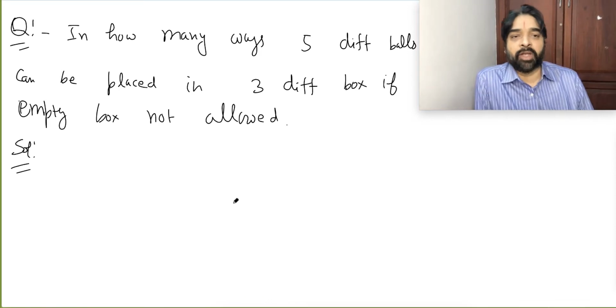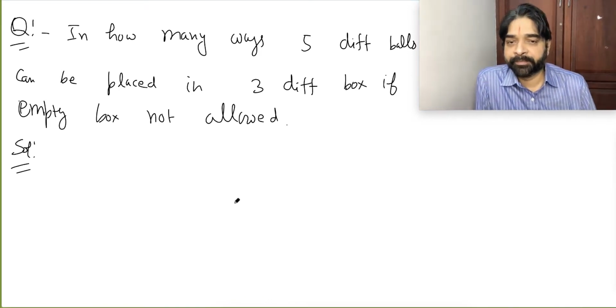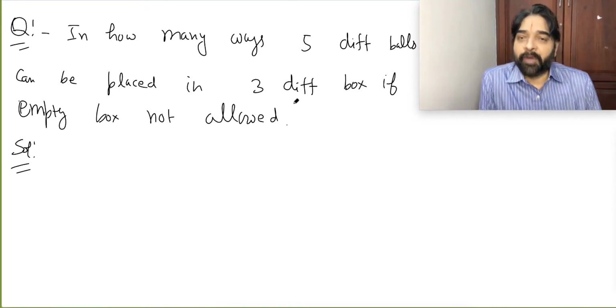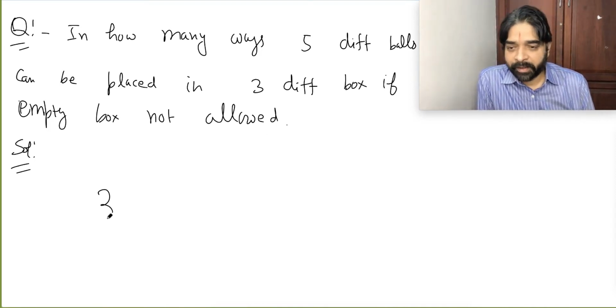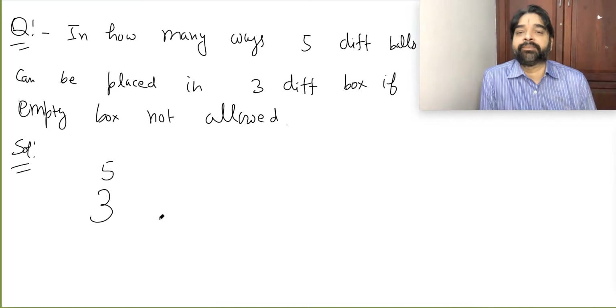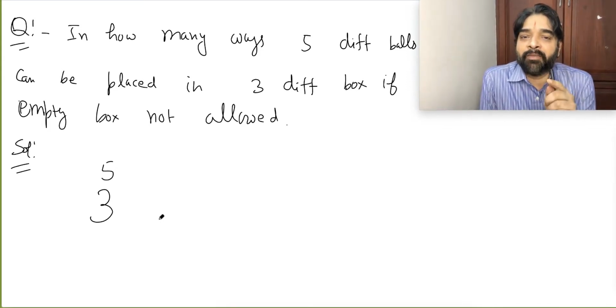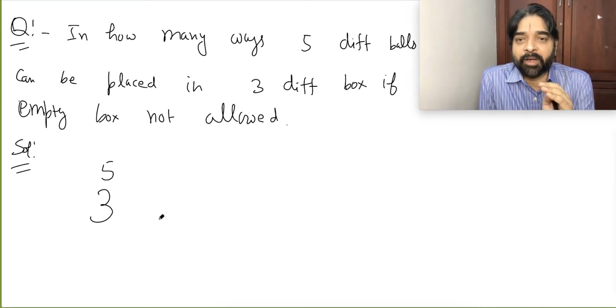If an empty box is not allowed, let me do it. I have to put 5 different balls into 3 different groups so that no group is empty. This is the meaning. Listen very, very carefully, everybody. 3 power 5 will be what? The number of ways to distribute these 5 different balls if an empty group is allowed.